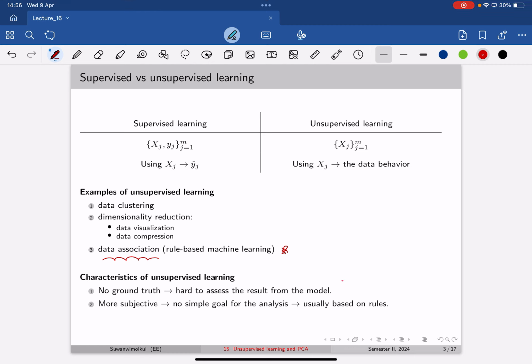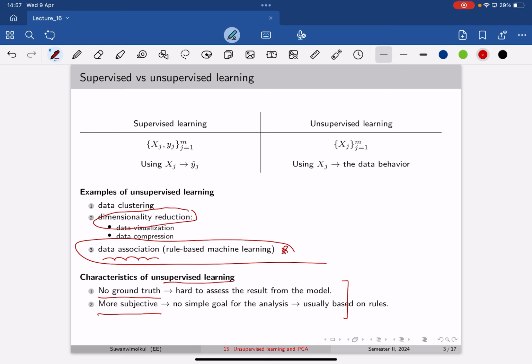Okay, so just to keep in mind, the characteristics of unsupervised learning involve mainly two things. There's no ground truth, and also the evaluation of these unsupervised learning methods is going to be quite subjective. Just like previously we have data association, ranking what people like. You have dimensionality reduction, which is about reducing the dimension of the data, which is quite opposite to supervised learning, where you have a target that defines what the truth is. You don't really care about the context.